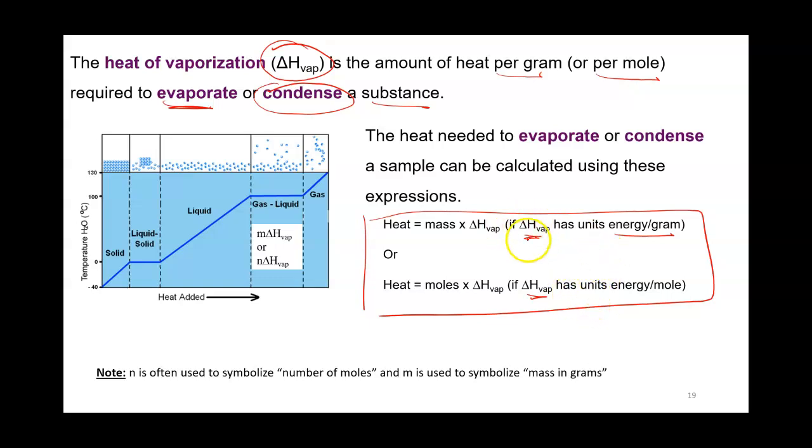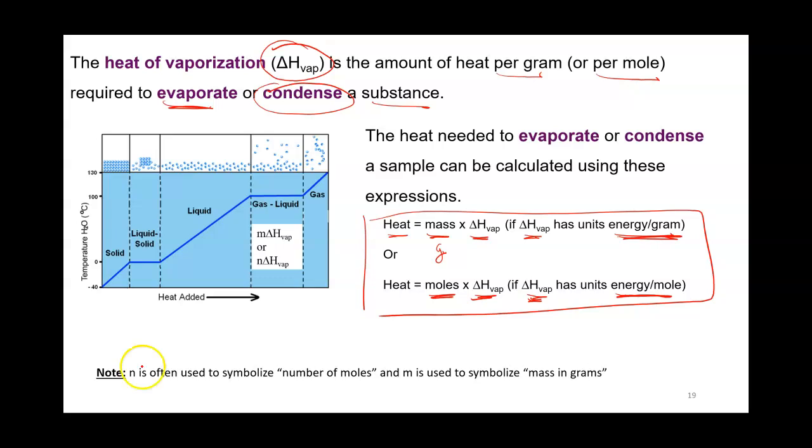If the heat of vaporization has units of energy per gram, to calculate the heat required to evaporate an object, we're going to take the mass of that object in grams and multiply it by its heat of vaporization. If the heat of vaporization has units of energy per mole, we're going to take the number of moles in our object and multiply it by the heat of vaporization.